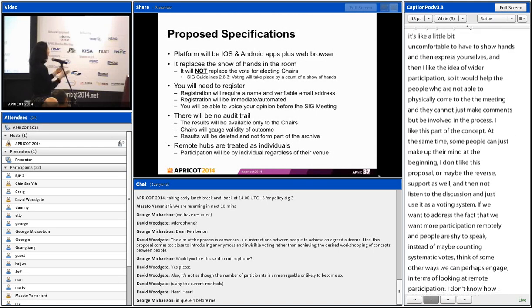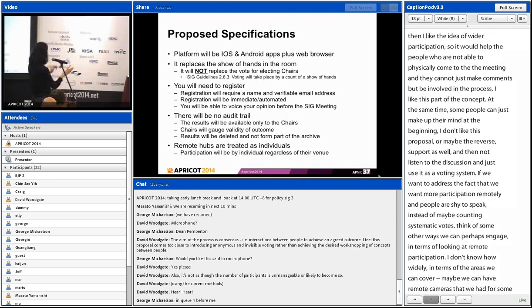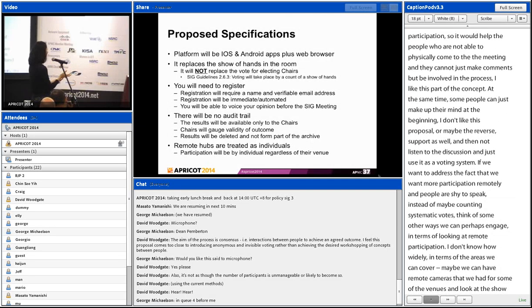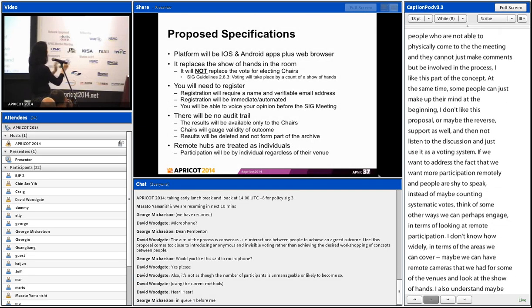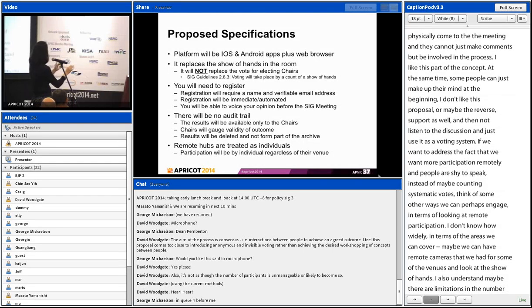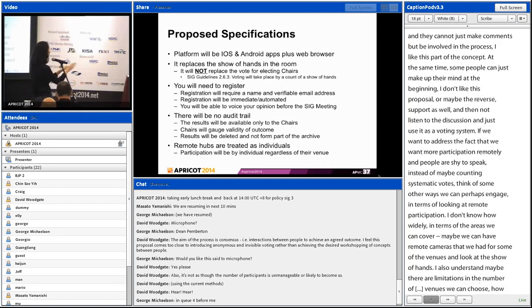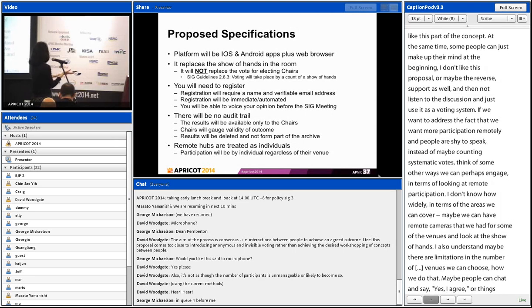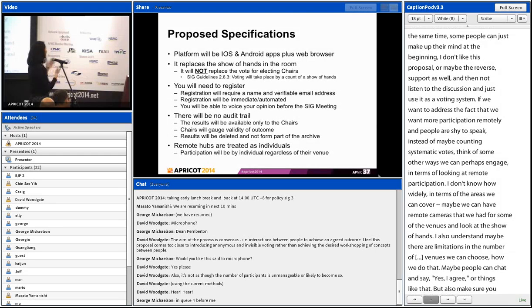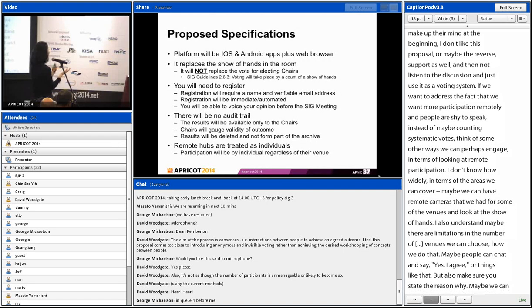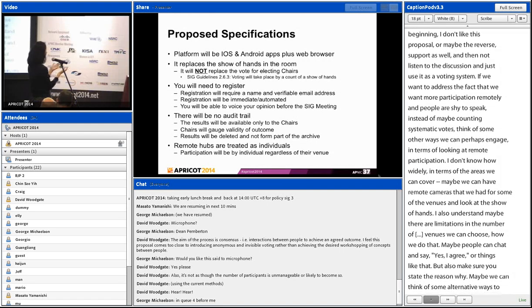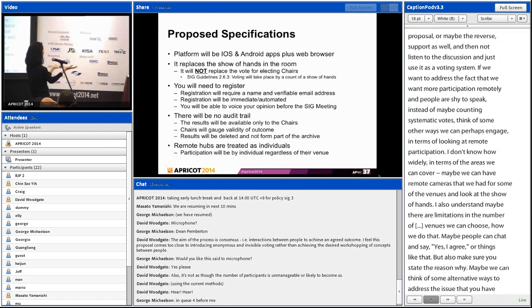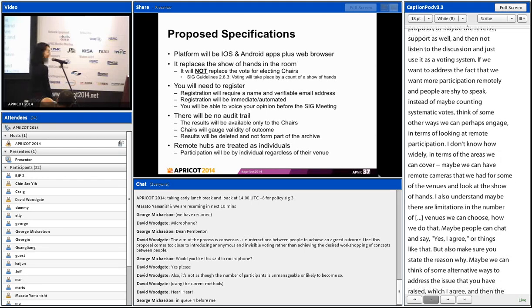Well, I also understand there may be limitations in the number of venues that we can show, so how do we do that? Or maybe people can chat and say, yes, I agree, or things like that. But also make sure you state the reason why, or maybe we can think of some alternative ways to address the issue that you have raised, and the possible implications it might have on the way you have proposed. Excellent, thank you.